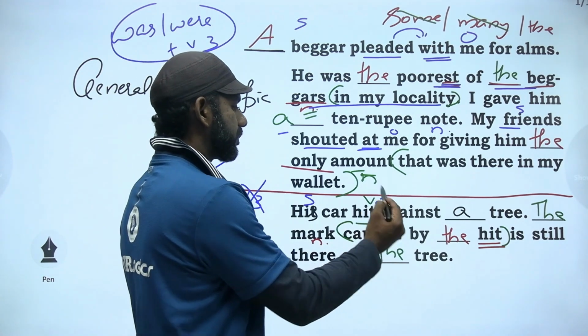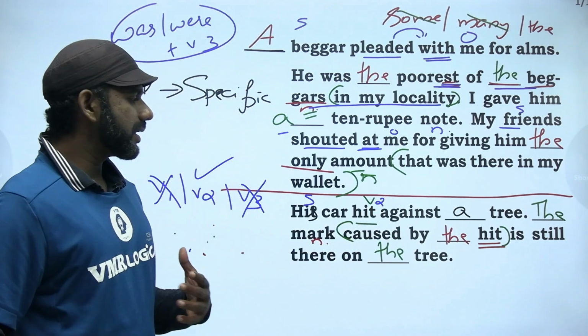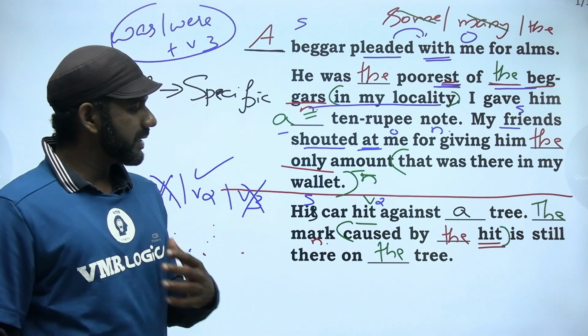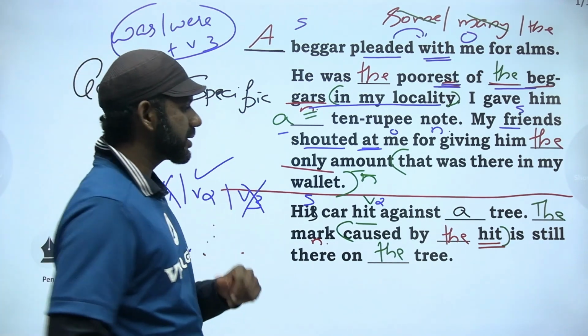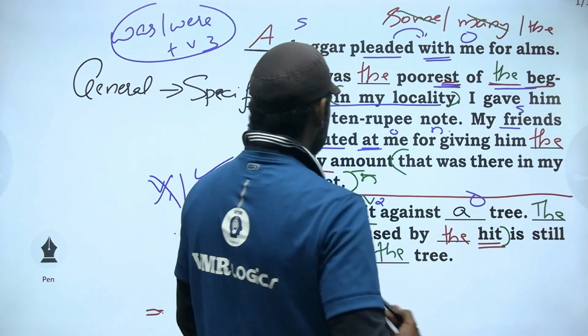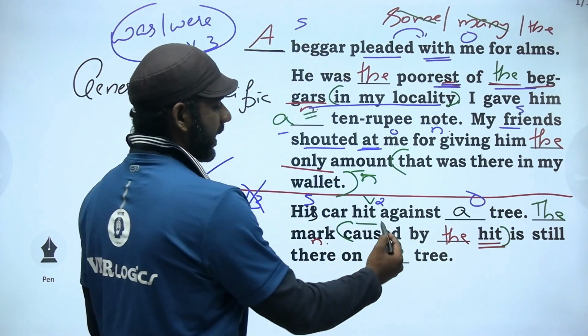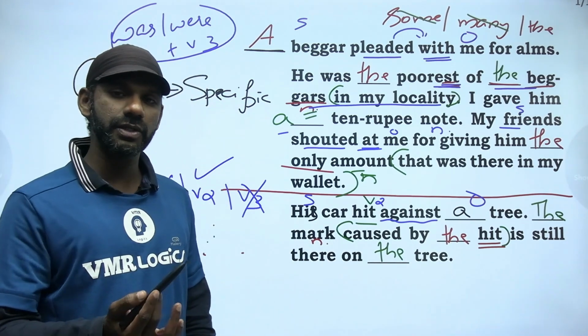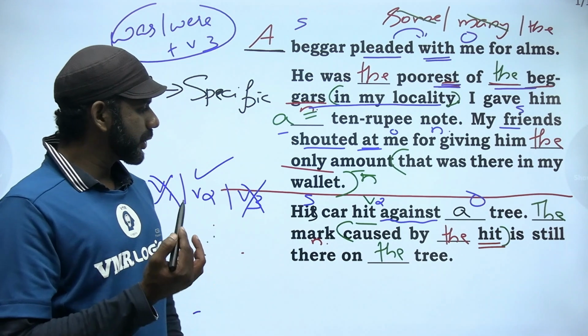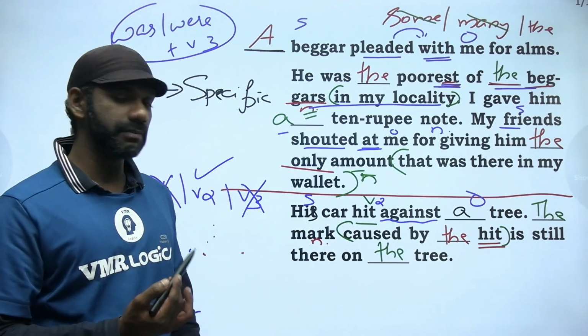Subject plus V2 is simple past. His car did the action, subject. His car hit against a tree means a tree received the action, object. Hit is a verb, against is a preposition. Hit against becomes a phrase, and we should not divide the words in a phrase. So this idea is in the active voice, simple past tense.